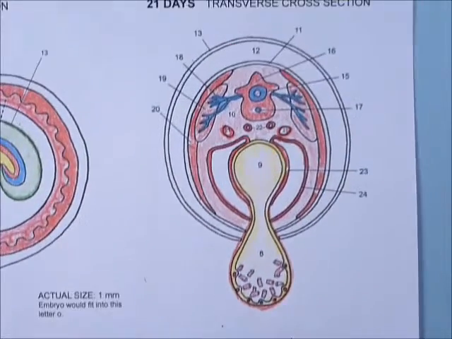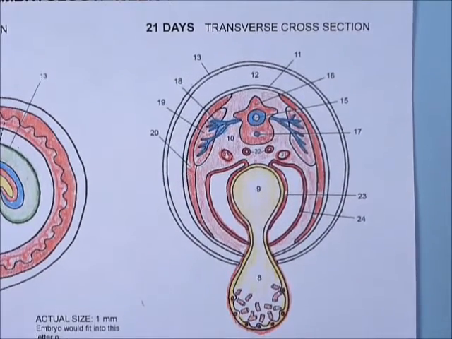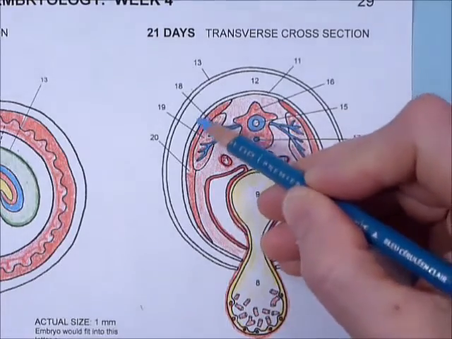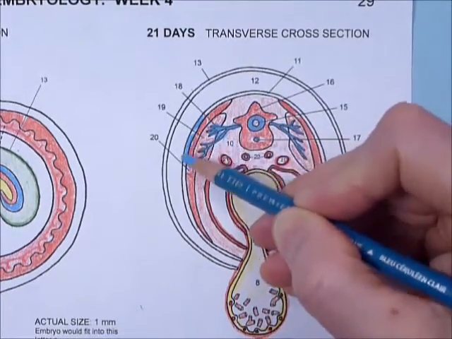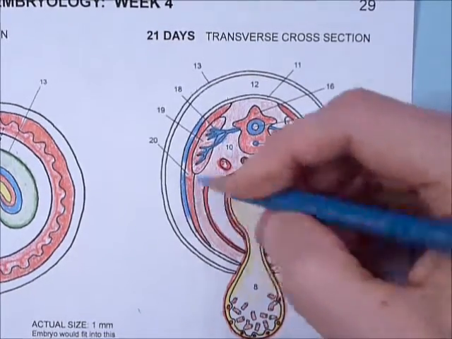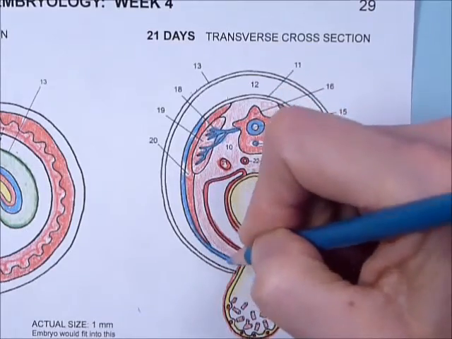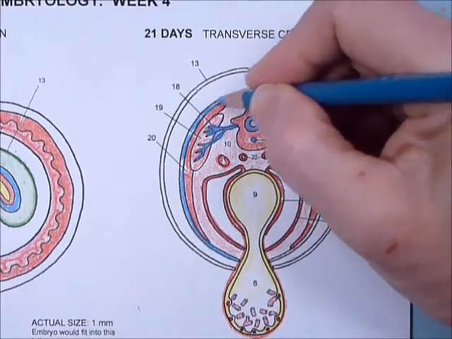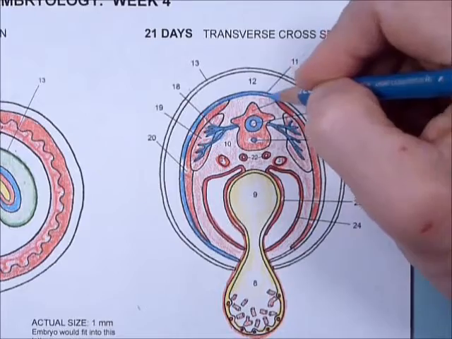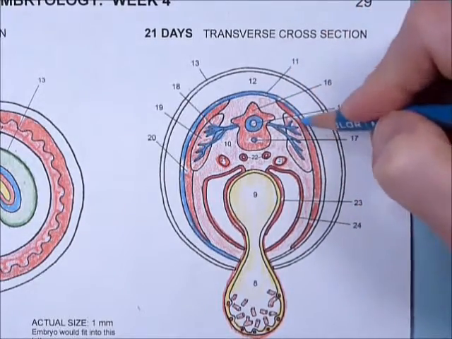Now all we need to do is finish up just a little bit of coloring here. Let's make this ectoderm or epidermis. We could call it epidermis now. This is actually going to function as epidermis. See, it's already split off.